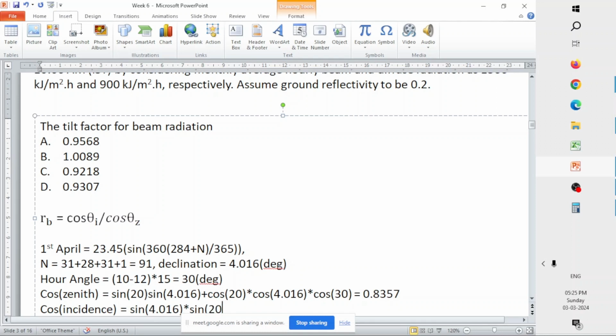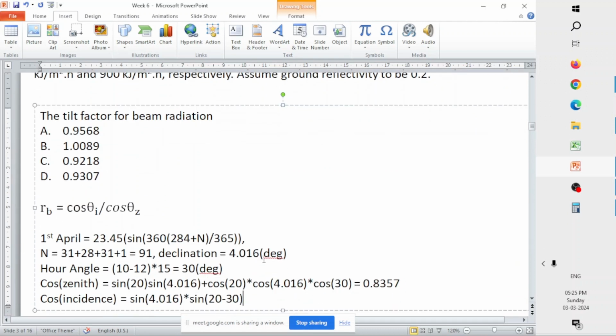Phi is your latitude, minus beta is your slope, so that value is 30 degrees, plus cos of delta, that is 4.016, times cos of hour angle, times cos of phi minus beta. So phi value is 20 minus beta, that is 30. So this is your cos of theta i, or cos of incidence.